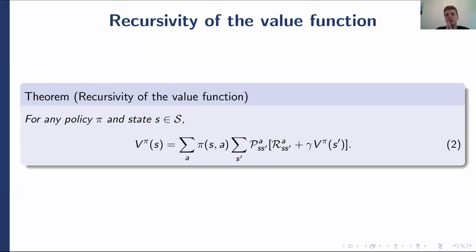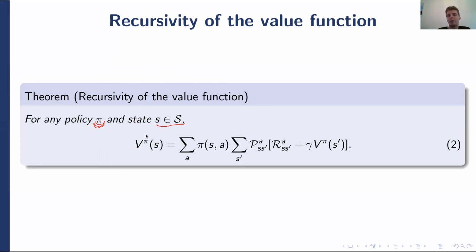So it's really interesting to see that the value function has a recursive definition. So let's look at this recursive definition. For any policy pi that you have, so for any function that you can come up with that represents how the agent behaves, and for any state, the following holds.